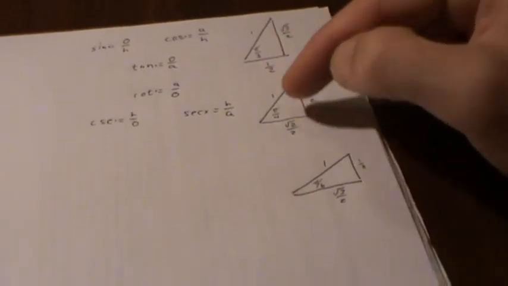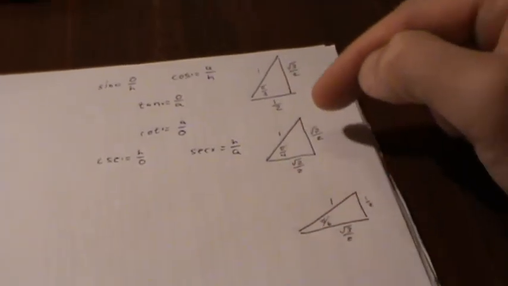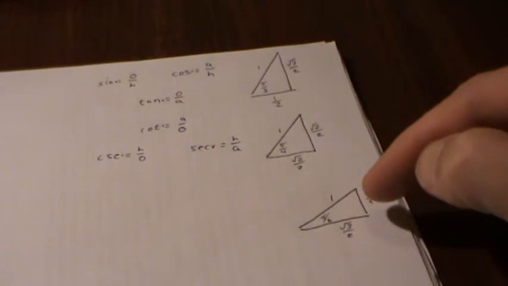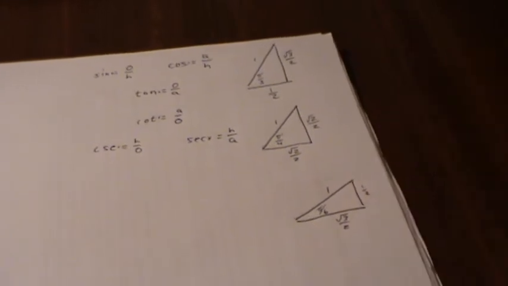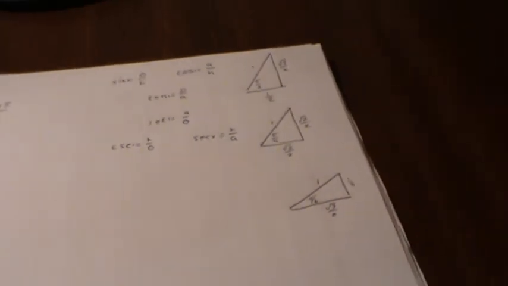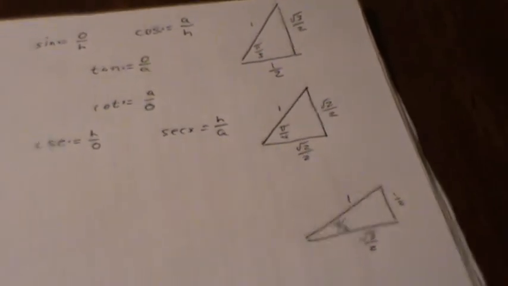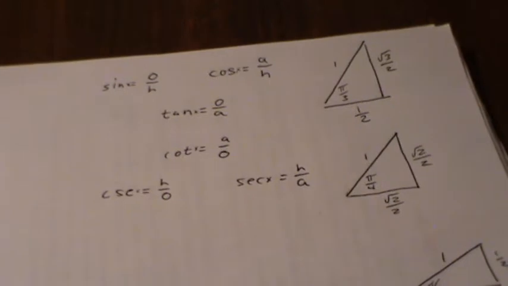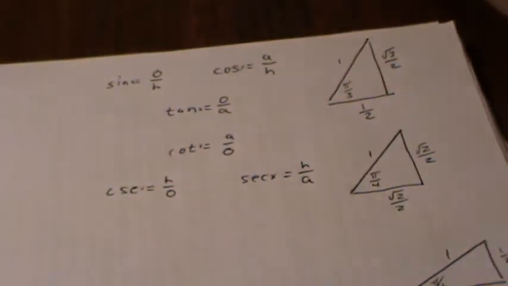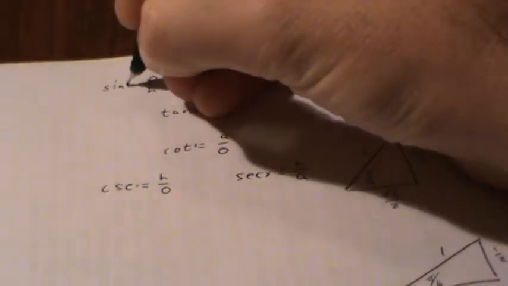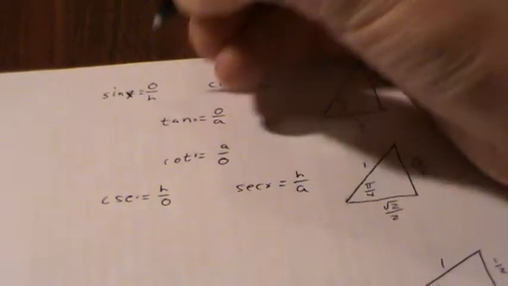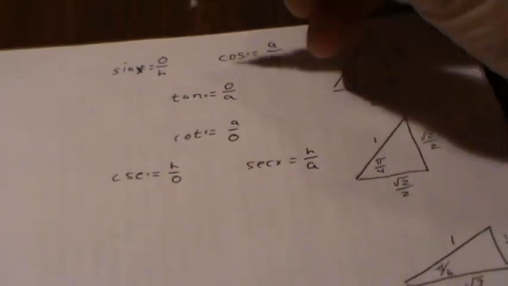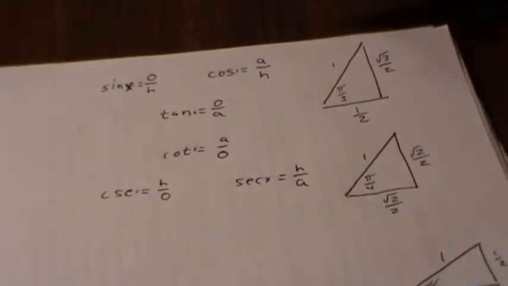These special triangles will help you solve, for example, sine of pi over 3. For example, we know that the sine of an angle, there's a little x here, is equal to the opposite over the hypotenuse.